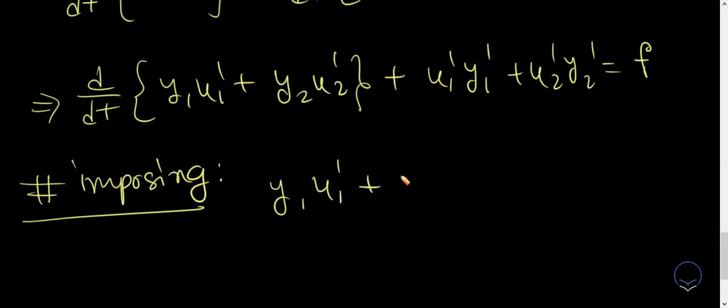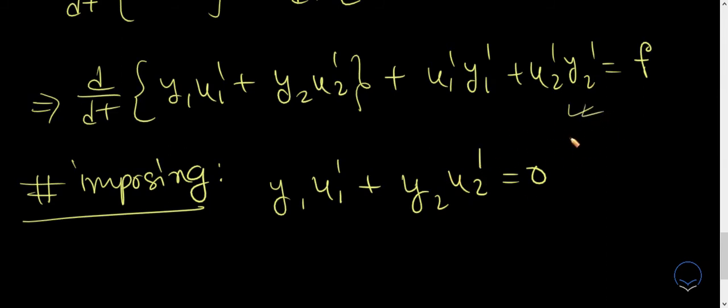We impose y1 u1 prime plus y2 u2 prime equals 0. This is the condition that we're imposing, and there is a reason for doing that: we have two things to find out, u1 and u2, and we need at least 2 equations to do that, and this is a way to generate 2 equations out of the equation over here.